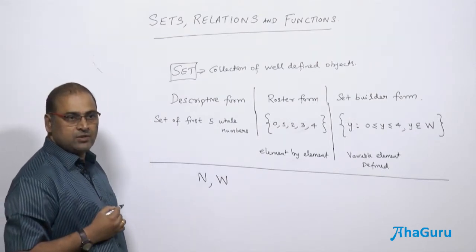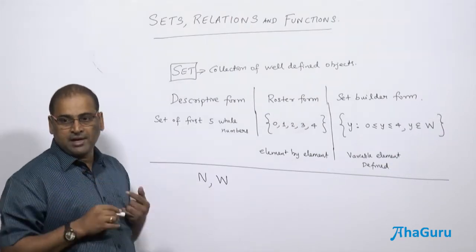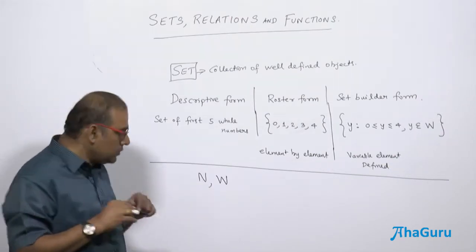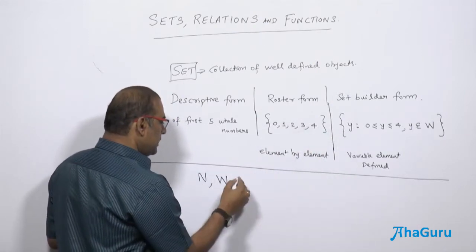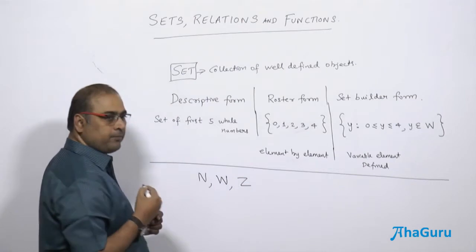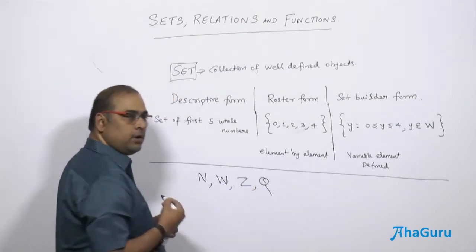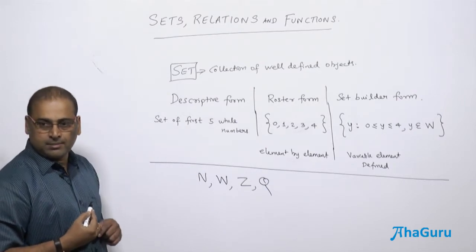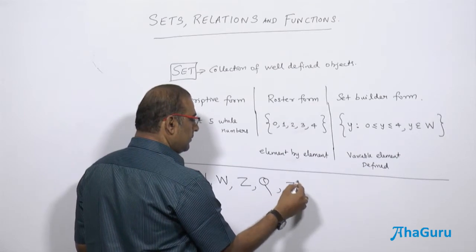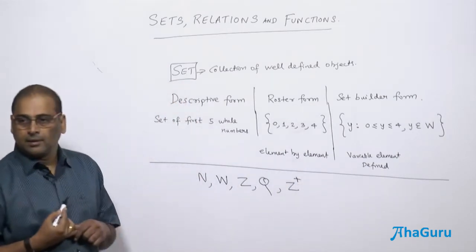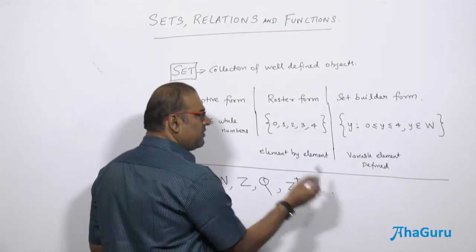You can see that only capital letters are used for sets, and usually for elements, small letters are used, I mean for a general element, as you see in the case of this y. Then you have Z, the set of integers. Q, the set of rational numbers. And if you put something like this, positive integers, and so on. So these are all conventional notations.